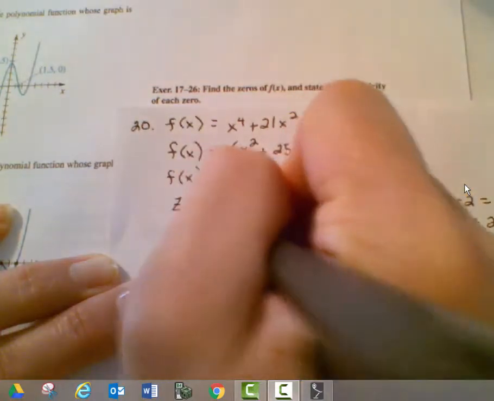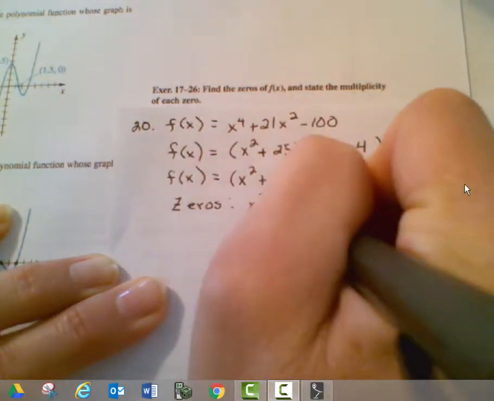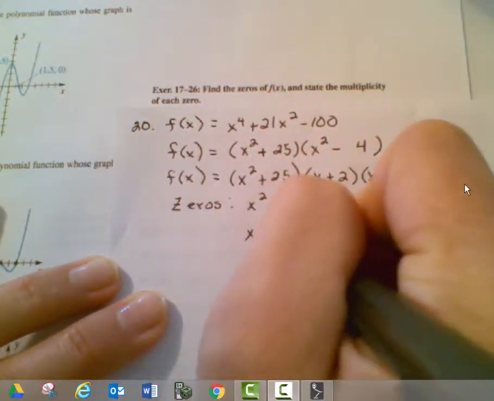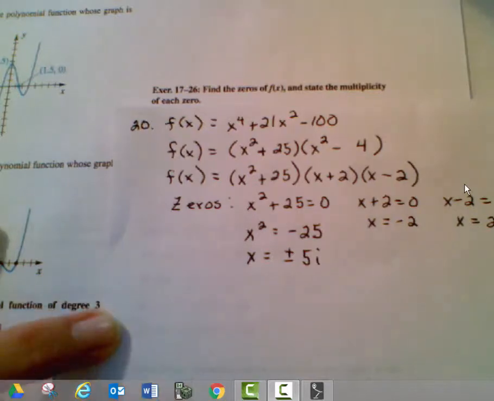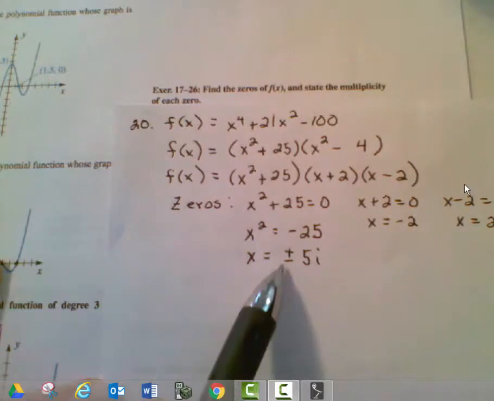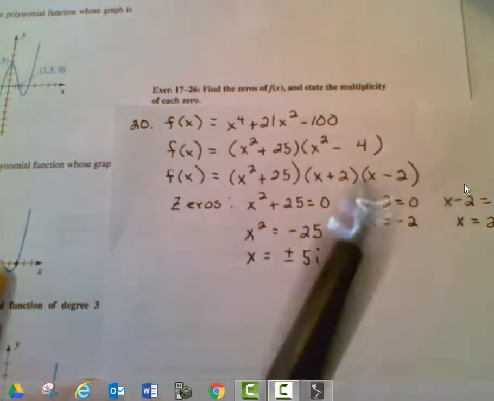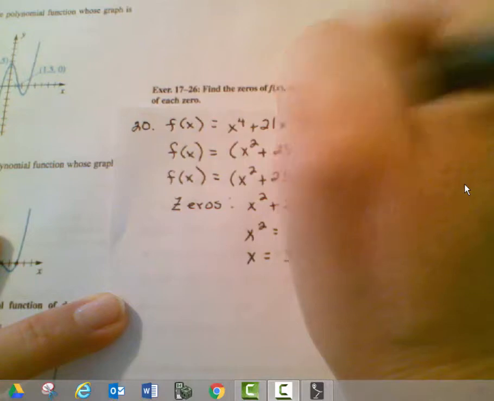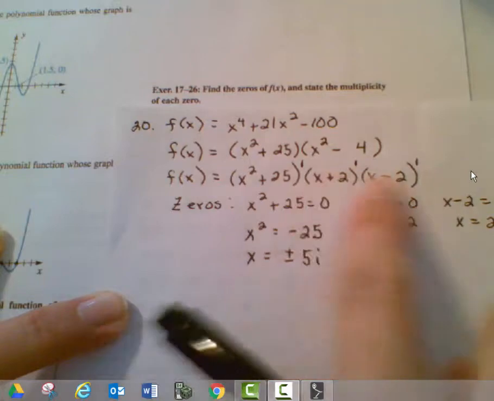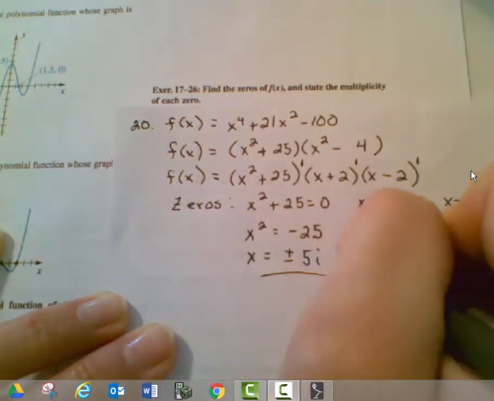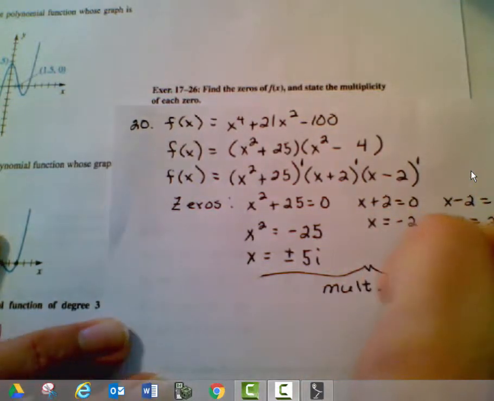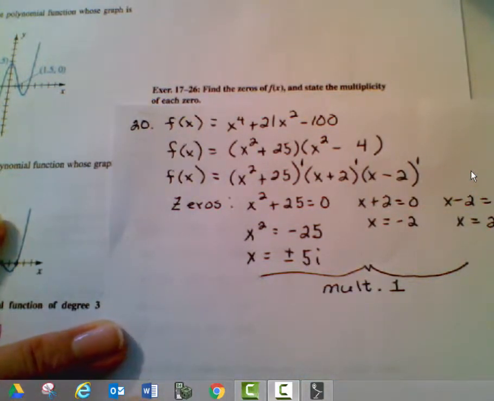This first factor will give me imaginary zeros, plus or minus 5i. So once again, it was a 4th degree polynomial, and it has 4 zeros, each of multiplicity 1, because in my final factored form, the exponent of each of those factors was 1. And 2 of my zeros are real numbers, 2 of my zeros are imaginary numbers.